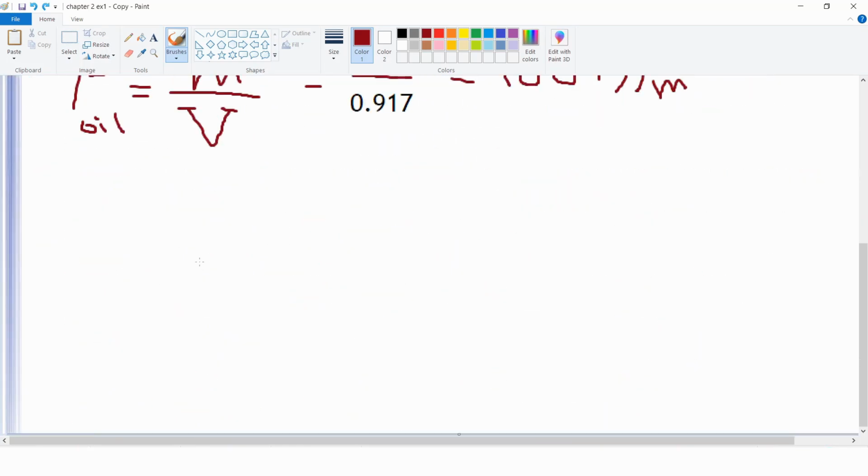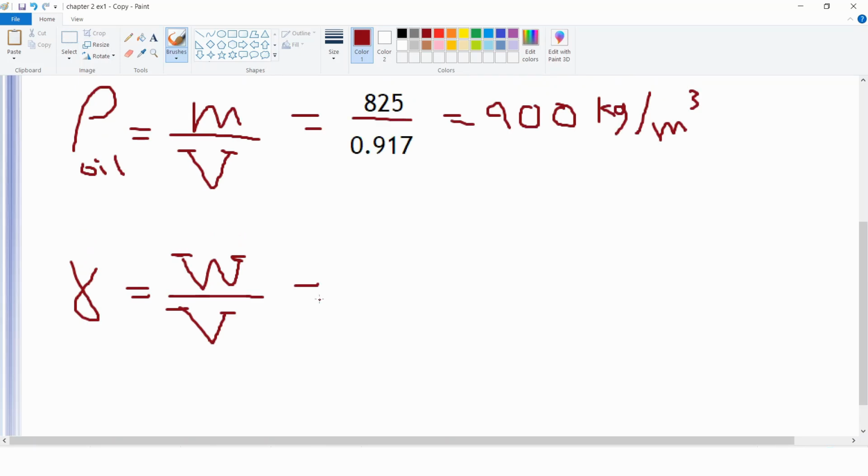So specific weight, gamma, is equal to the weight divided by the volume. Now, as you know, the weight is also the mass times the gravity. This is from Newton's second law, F equals ma.